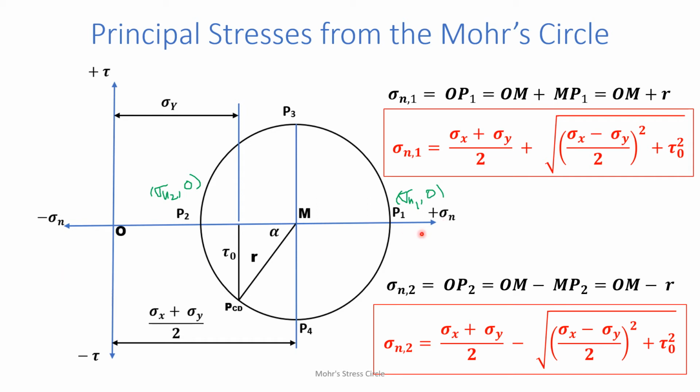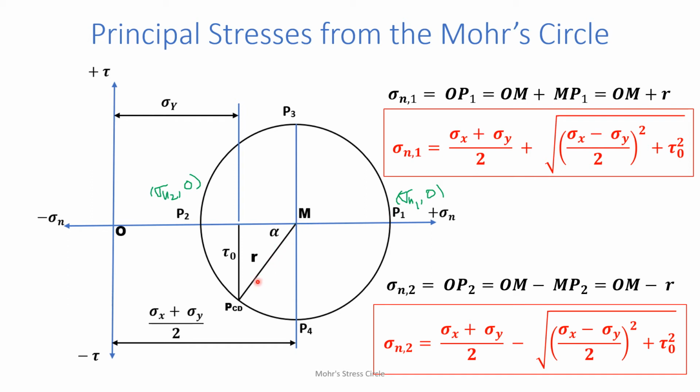Now, how much will sigma n1 be? You measure this distance OP1 in centimeters, multiply by the scale factor, and it will give us the stress in megapascal. So sigma n1, the maximum principal stress, is OP1. From the figure, OP1 is OM plus MP1.